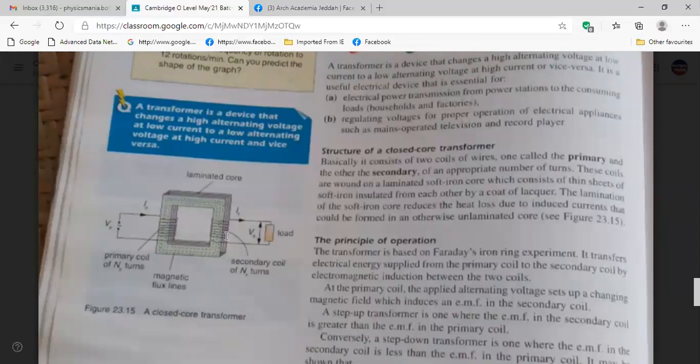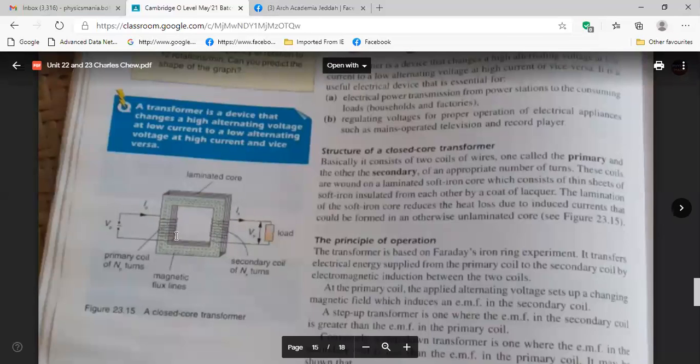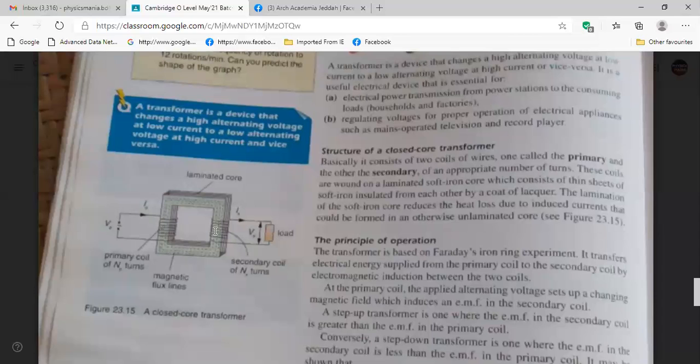So if we have 20 turns on this side, and 10 turns on the right side, that means the secondary, and our source voltage is 10 volt, in the secondary we will get 5 volt. Is it clear now?